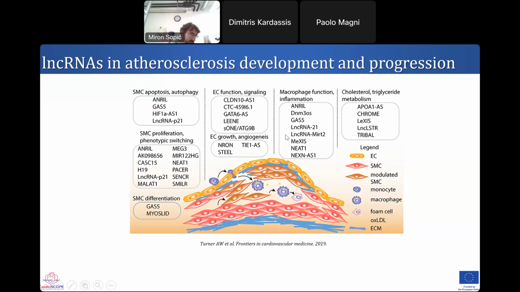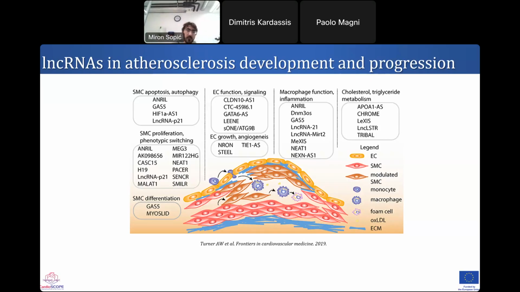So again, with specificity, we should be really careful with that. But basically, every day, or I don't know, monthly, we can see that another long non-coding RNA has been described that is important for the regulation of many steps in atherosclerosis. So the field is really growing.